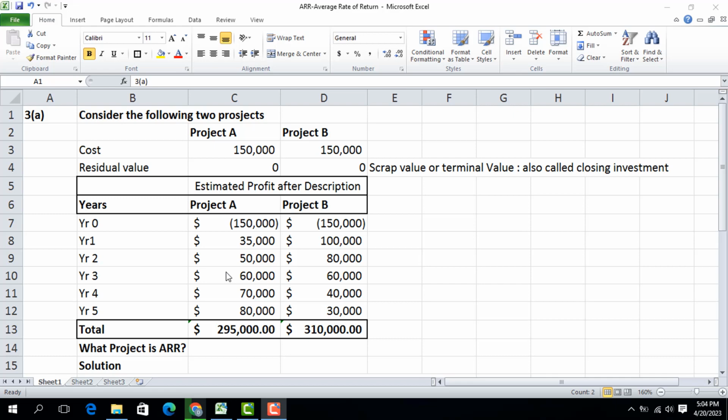Please notice that if you compare the two projects, the cash inflows from project A exceed the previous year every year, but in project B the cash flow streams decrease every coming year, from 100,000 to 30,000, whereas project A goes from 35,000 to 80,000.